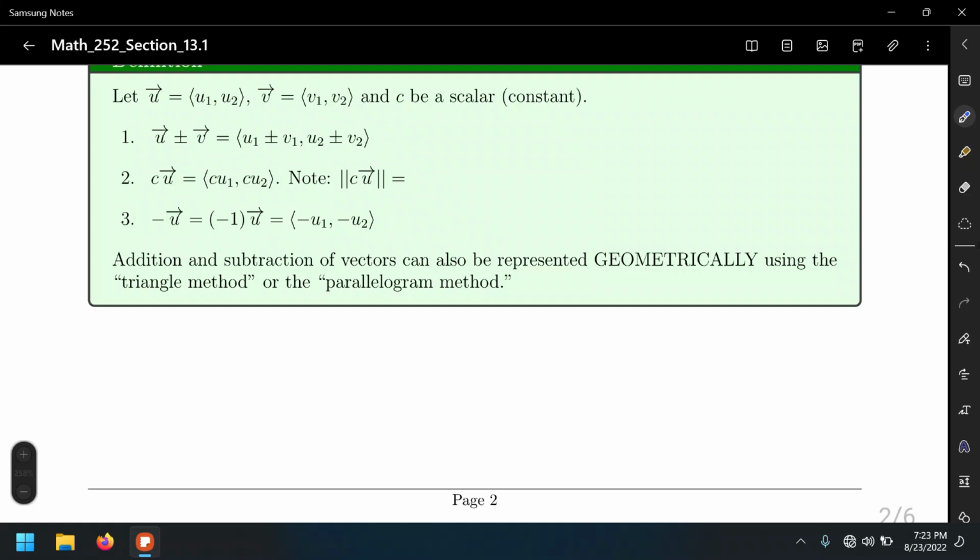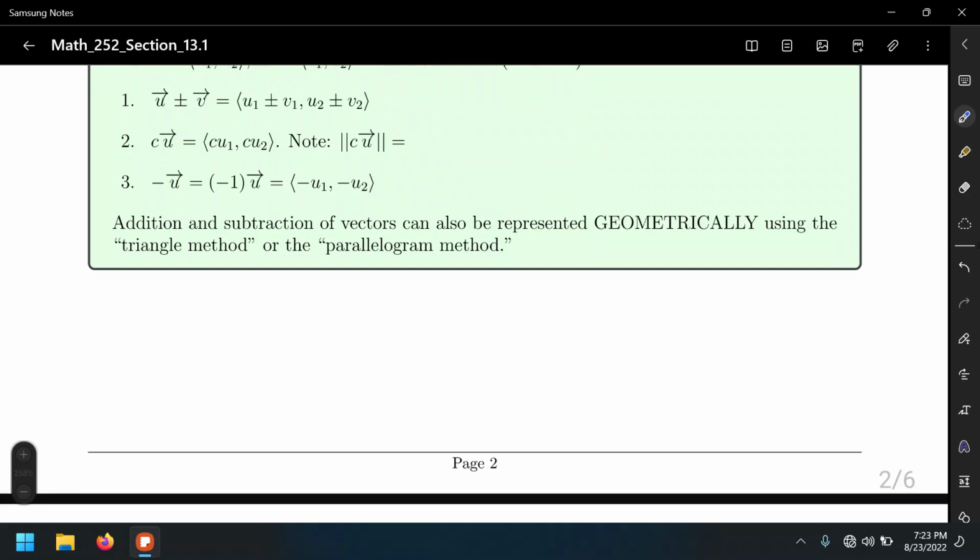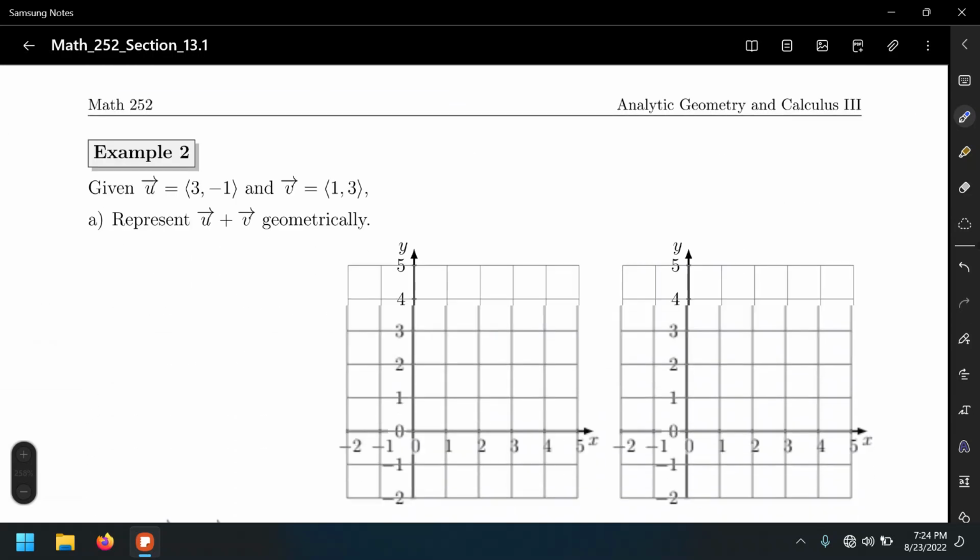That's all we do. When we multiply a vector by -1, numerically, it changes the sign of the components, but geometrically, it has a different meaning. It changes the direction, sending the vector in the opposite direction, as we're going to see in one of the examples here.